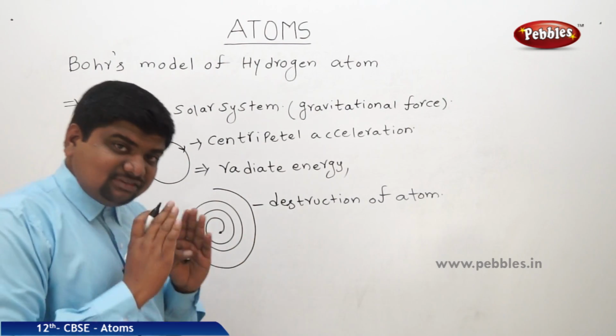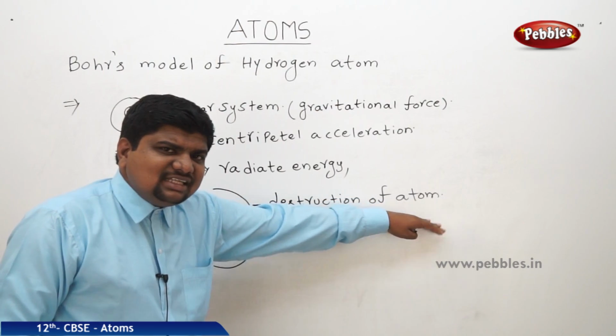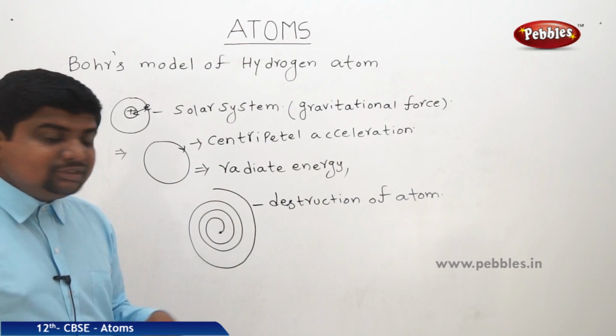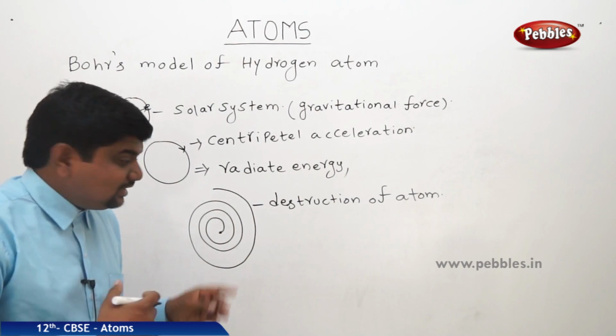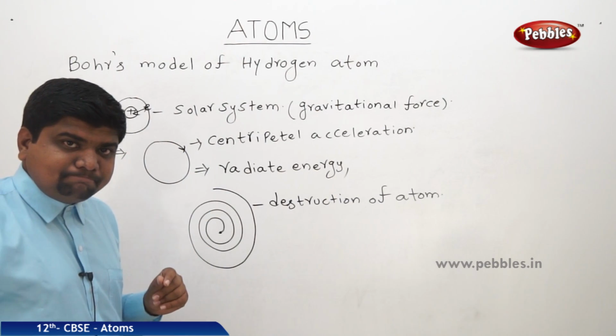If this prediction is right, then no atomic structure is stable. All should be destroyed because of the spiral path of the electron towards the nucleus due to the loss of energy while revolving around the nucleus.